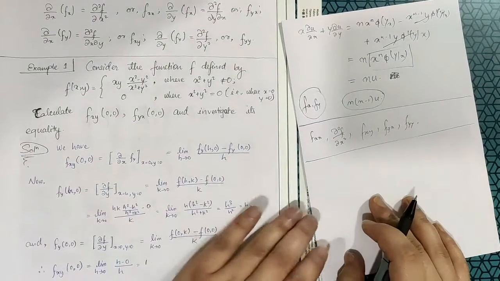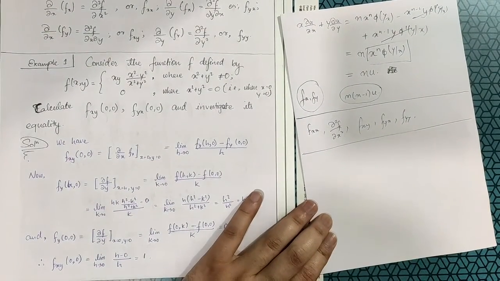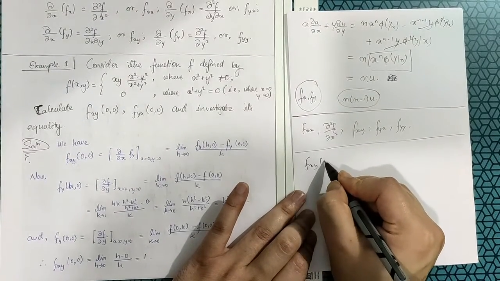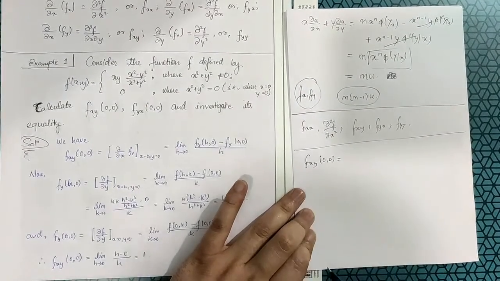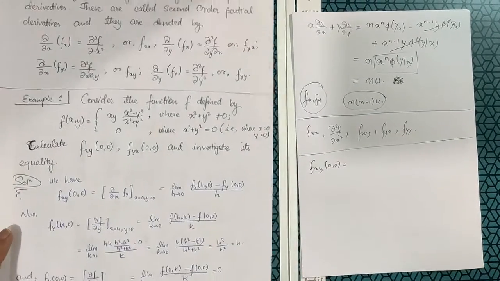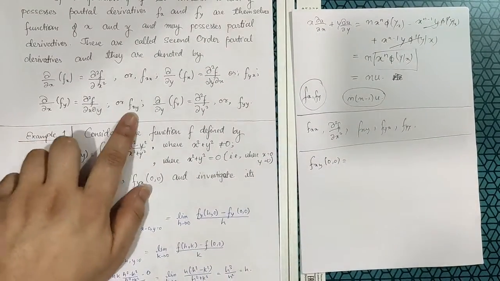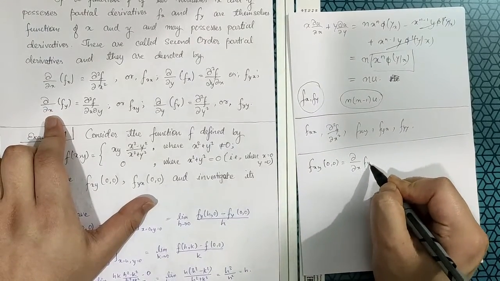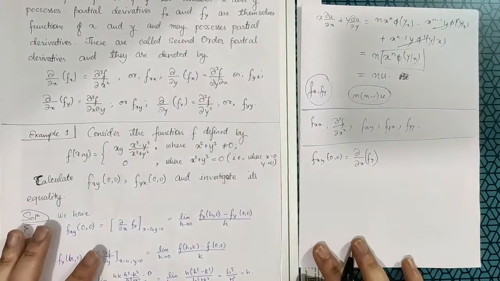So let us find f_xy at the point (0,0). Here f_xy means ∂/∂x of f_y. We need to understand this thing.